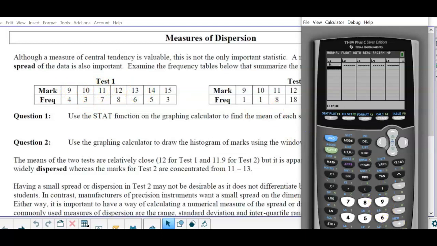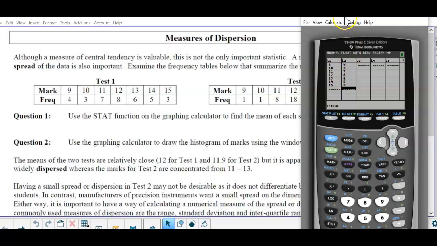So 9, 10, 11, 12, 13, 14, 15. Okay, cursor to the right, and then 4, 3, 7, 8, 6, 5, 3. Okay.